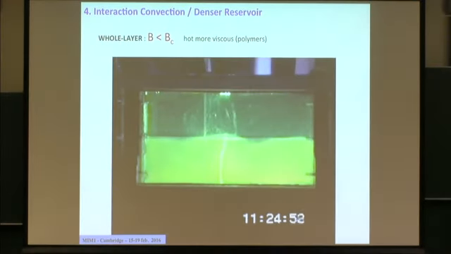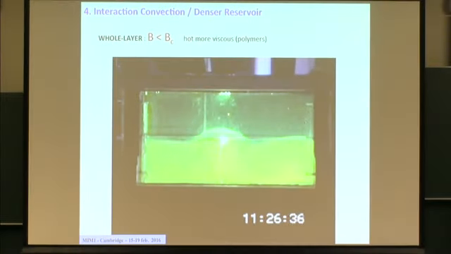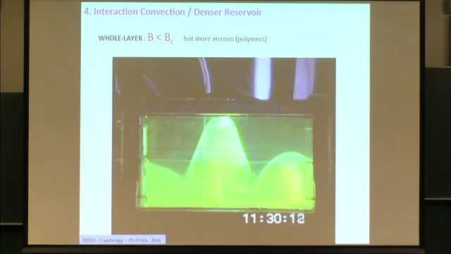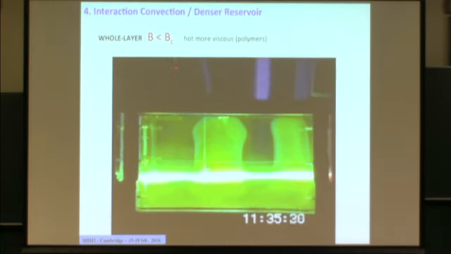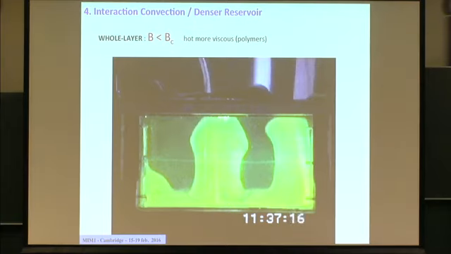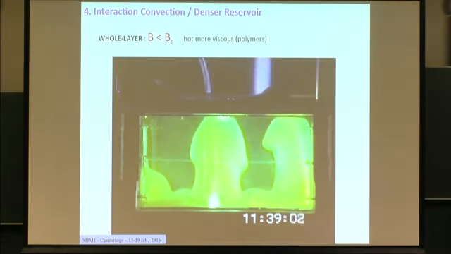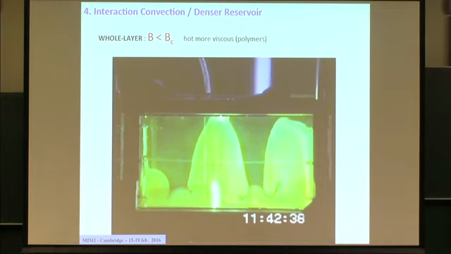So now I can do exactly the same experiment again, but back to a more mantle-like setup with heating from below, cooling from above. Here the initial buoyancy ratio was 0.45, and the Rayleigh number was 10 to the 7.